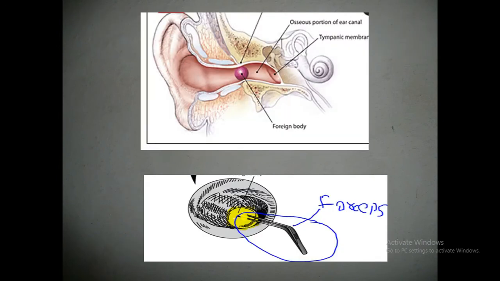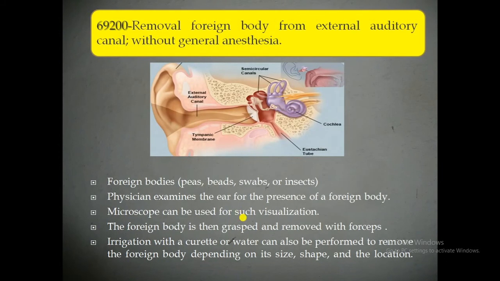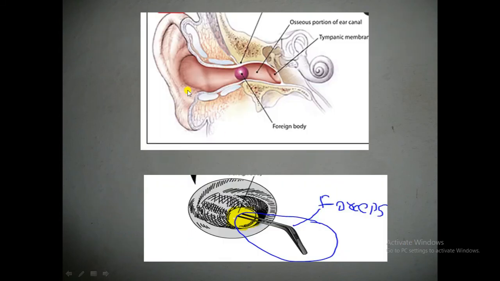Sometimes the physician will also irrigate the ear with water, to remove the foreign body. Sometimes, if not with the forceps, he will do the procedure like this, that is he will irrigate the ear with water to remove the foreign body, depending on the size of the foreign body.